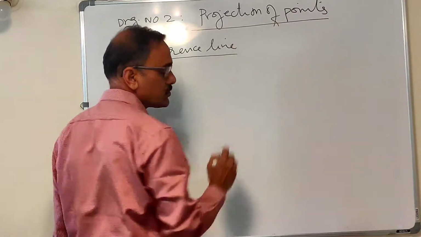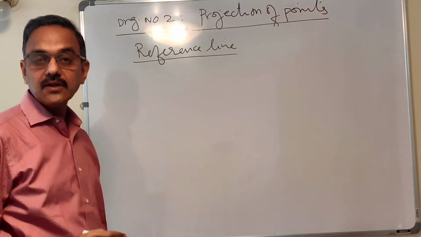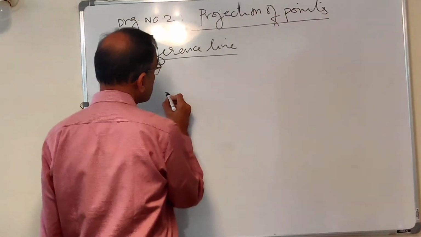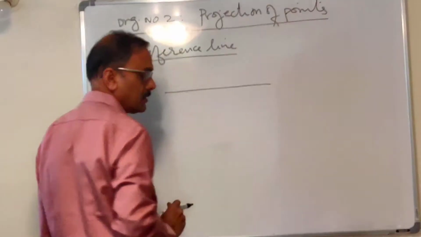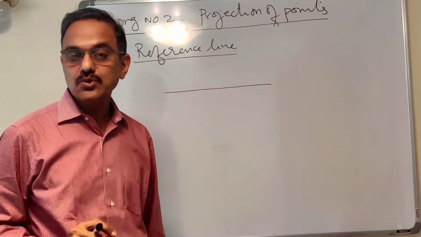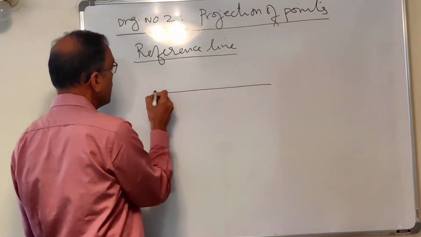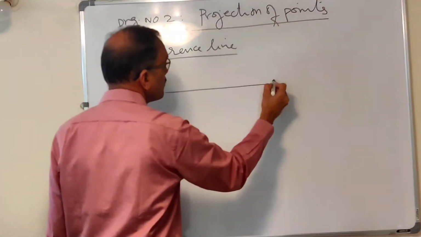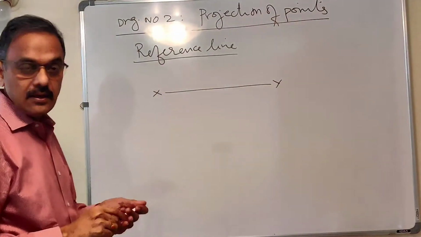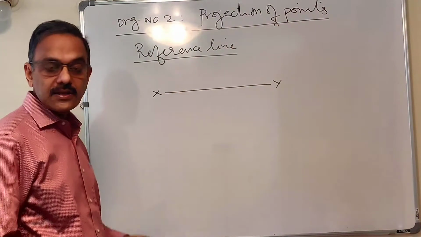It is an intersection of the vertical plane and horizontal plane. Normally it is represented as a line. You have to draw it as a thin line when you use your software. So you should use a 0.13 mm thickness, and it is represented by XY. You should write capitals X and Y at the end of the line. This is a representation of the reference line.